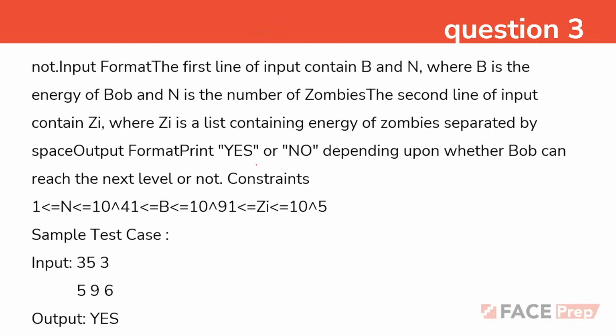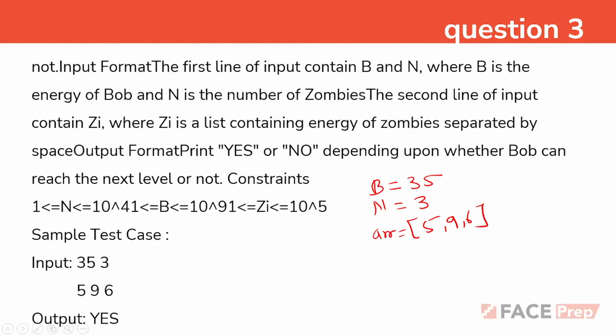The first thing given is B, which is nothing but Bob's energy, starting with B energy. Next they give n, which is going to be 3, and the array elements 5, 9, and 6.